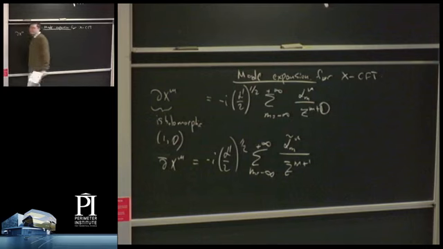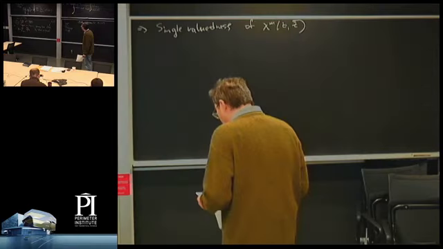Even though the field itself, X^mu, is not holomorphic or anti-holomorphic, del X^mu is holomorphic. And it's actually of conformal weight (1, 0). So what we can do is what I reminded you earlier today: write down a mode expansion in terms of Laurent coefficients.